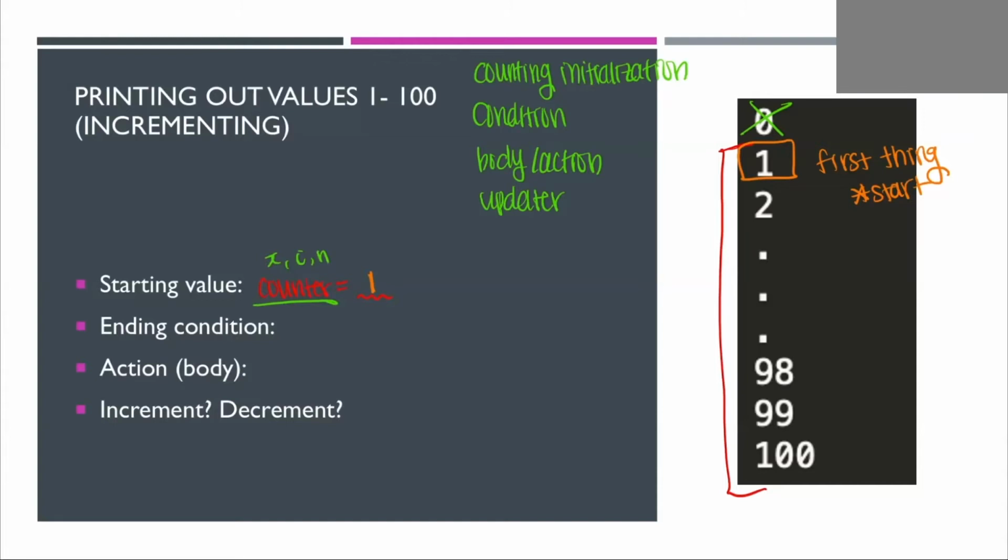Then what's our ending condition? So while what? That doesn't look very readable. How long do we want to keep printing? Because we know our action is going to be printing, but while, and then what would be our condition here?